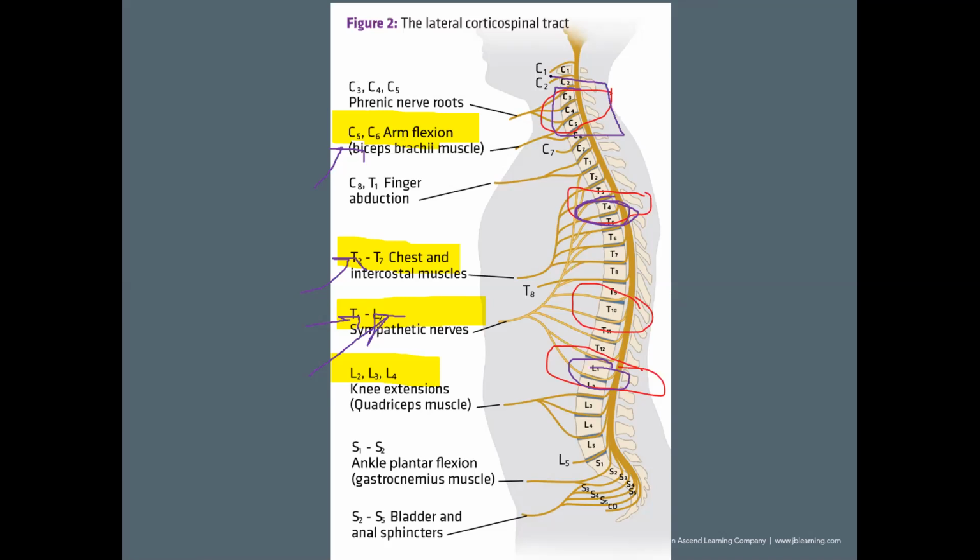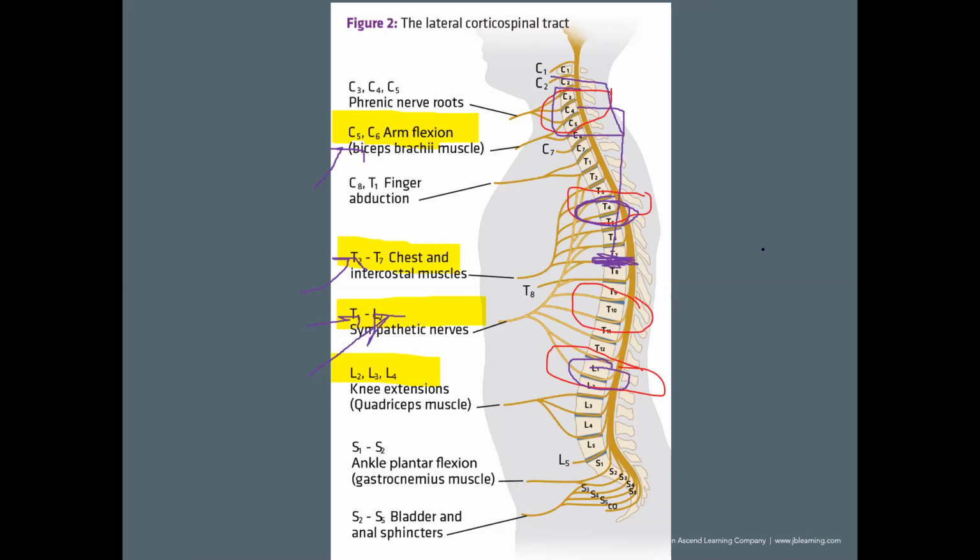Now we're going to talk about something else about the intercostal nerves. So we got the phrenic nerve that innervates up here at C3, C4, C5. If that is transected, our phrenic nerve is not going to work so well.